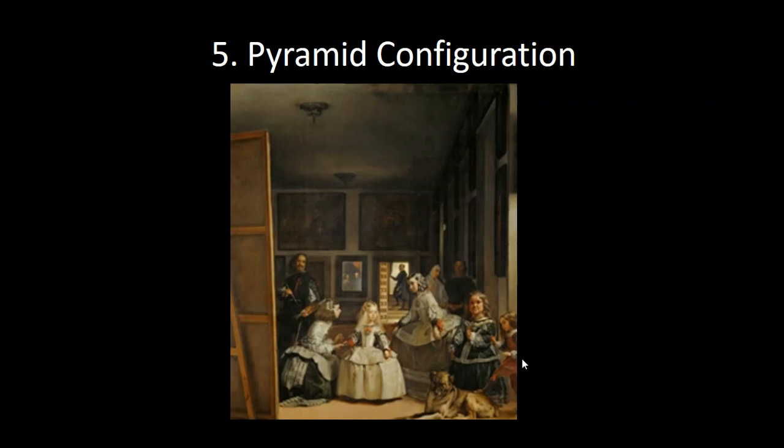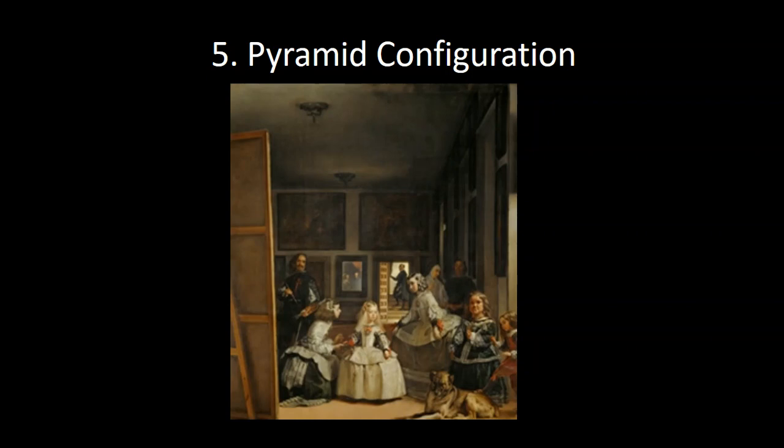It's hard not to create a pyramidal composition, especially when you're working with people, because the shapes of our bodies themselves form pyramids. And when you put a bunch of them together, oftentimes you get that pyramidal composition. It feels very grounded and balanced. Pyramids have that nice solid foundation, and paintings will feel more grounded and balanced when you use the pyramid configuration.